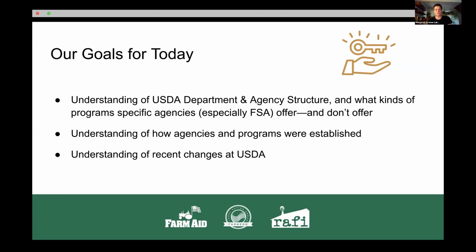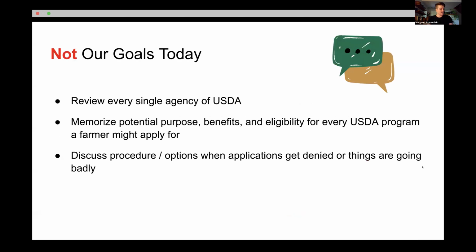We are going to touch a little bit on the history of how the department was established and is structured, including its agencies, and we will chat a bit about recent changes at USDA. Next slide.